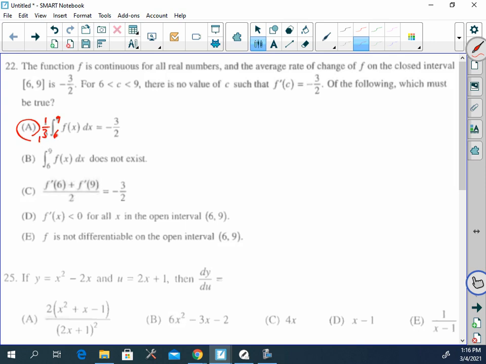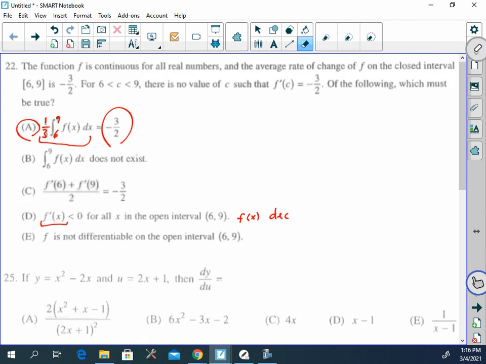So this is really saying the average value of the function would equal that. This looks like a slope, but it's the slope of the derivative. And this here is saying that the function is decreasing, f of x decreasing. So there are some clues on what's going on.